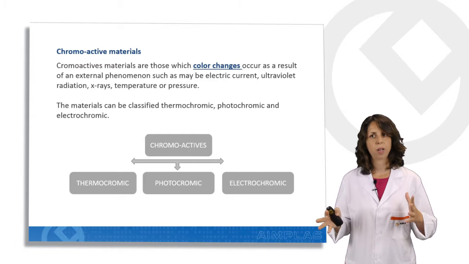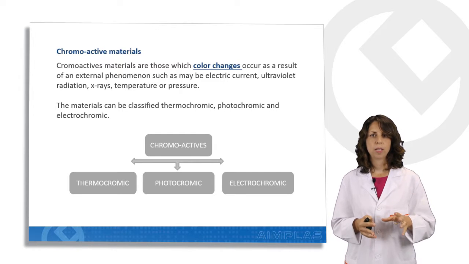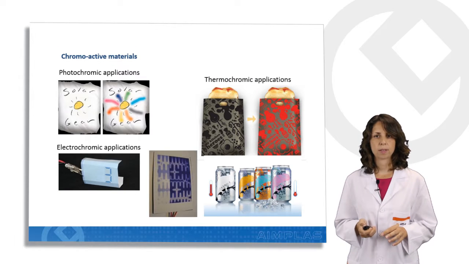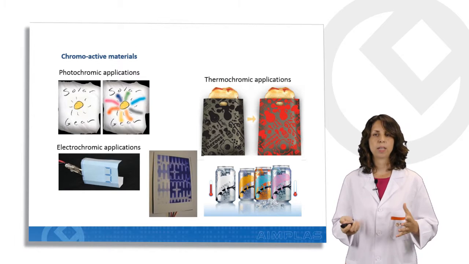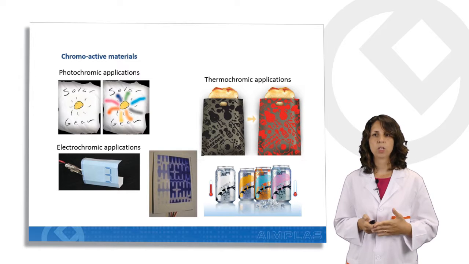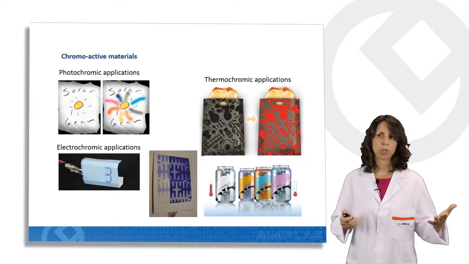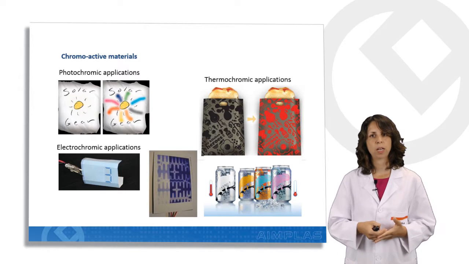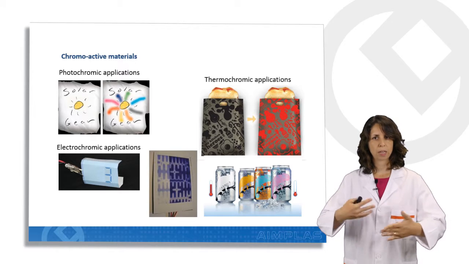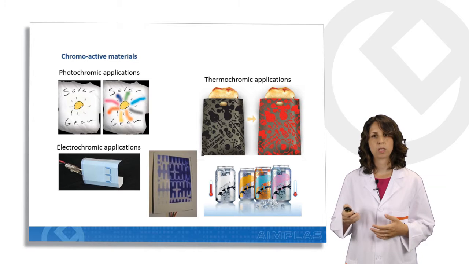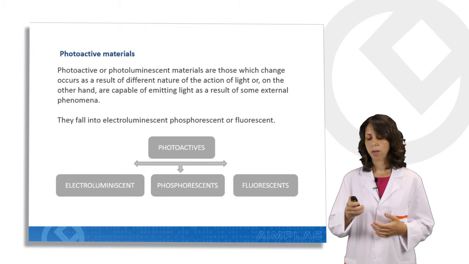And we can classify these chromative materials in thermochromic, photochromic, or electrochromic inks. We can see here some examples of photochromic, electrochromic, or temperature applications that we can implement in pharmaceutical packaging to solve some of the different problems we saw before.